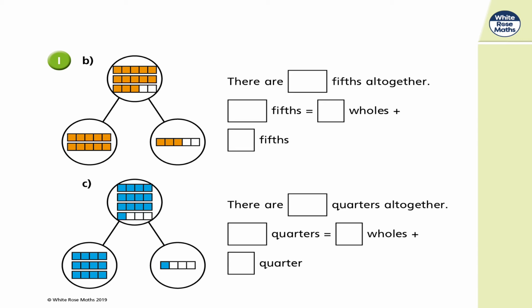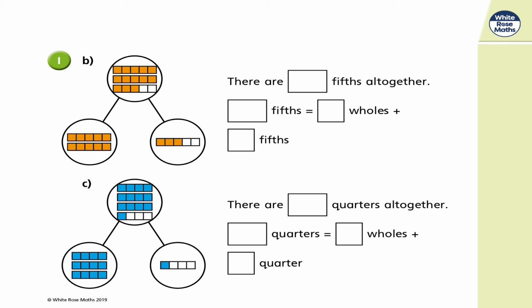Okay, how many fifths have you got altogether? You've got 5, 10, 13 fifths. So 13 fifths can be divided into how many whole ones? 2 whole ones. Okay, which is how many fifths?